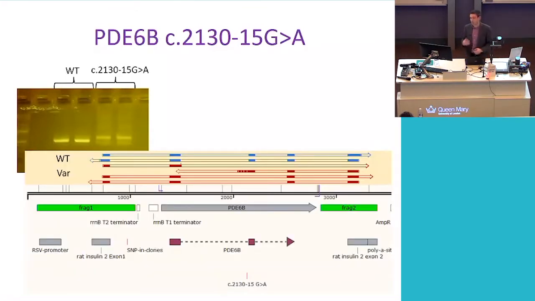And again, when we cut these out and sequence them, we see that the wild-type aligns perfectly with the exons in PDE6B. You can see the blue transcripts here. Whereas the variant in red has all sorts of things going on. So you get exon skipping, you get a bit of intron inclusion. So we're fairly confident this mutation is disrupting the normal expression of PDE6B and is acting as a loss of function allele and potentially as a cause of disease in this patient.